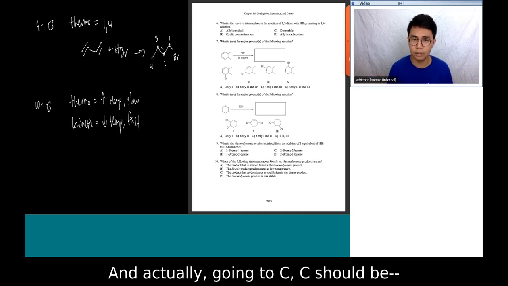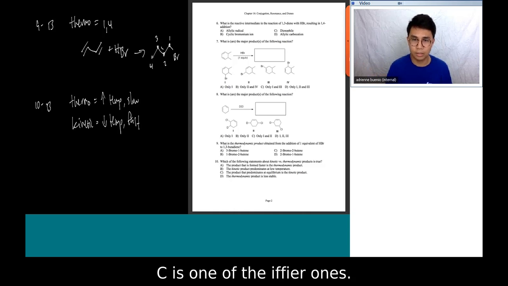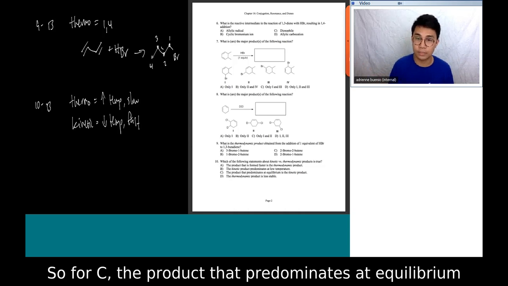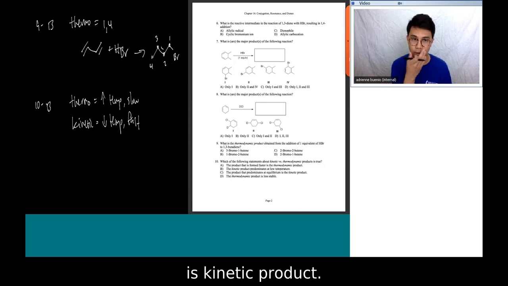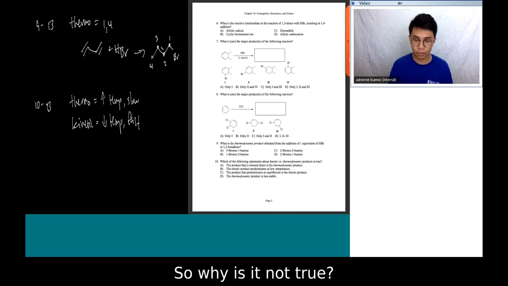And actually, let's see, C is one of the iffy ones. So for C, the product that predominates at equilibrium is the kinetic product. So why is it not true?